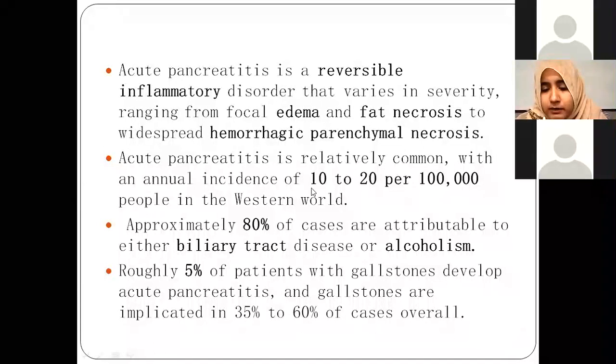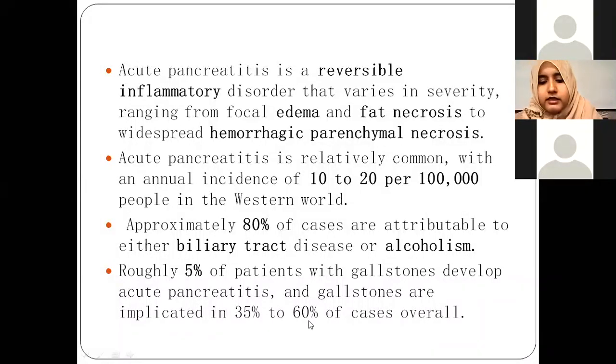You should remember its incidence is 10 to 20 per 100,000, and 80% of the condition is because of biliary tract diseases, mostly gallstones. The next comes alcoholism. Roughly 5% of patients with gallstones develop acute pancreatitis, and gallstones are implicated in 35 to 60% of cases overall.